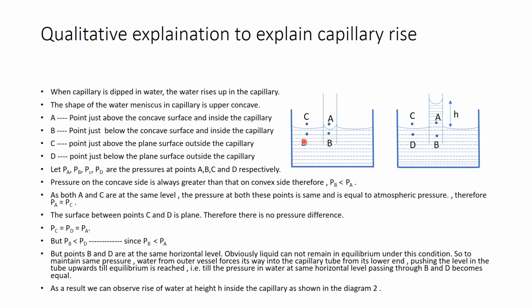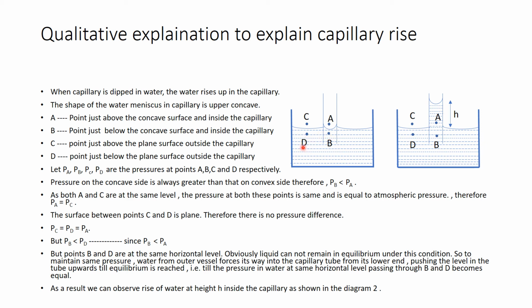But here we can observe that even though points B and D are at same horizontal level, the pressure at point B is smaller than pressure at point D. And therefore, under this situation, the liquid will not be able to remain in equilibrium, and to maintain the same pressure at points B and D, what will happen?